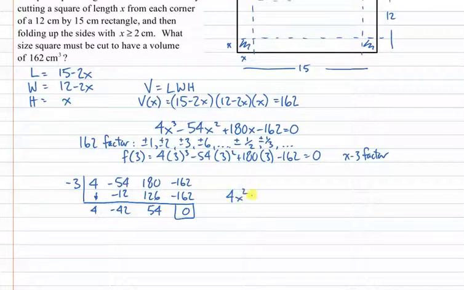I'm going to write the quotient of 4x squared minus 42x plus 54, which, pardon me, has a factor of 2. So let's remove that and make life a little simpler. And that's going to be 27.